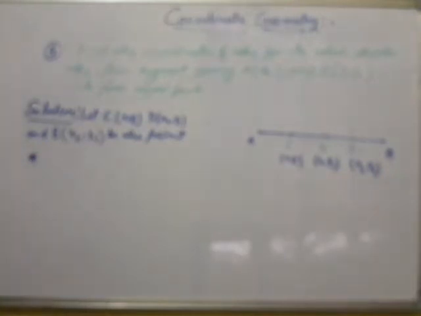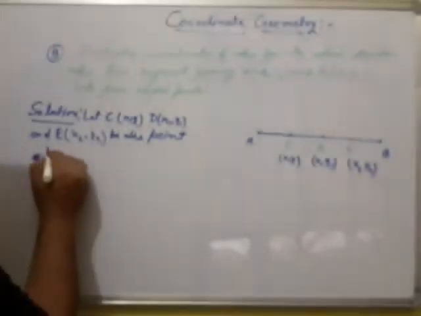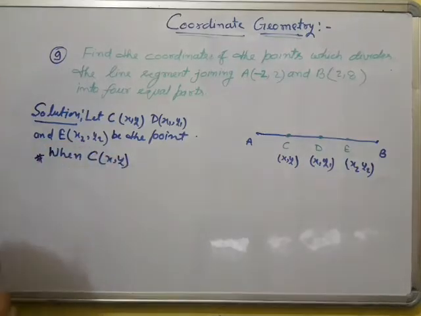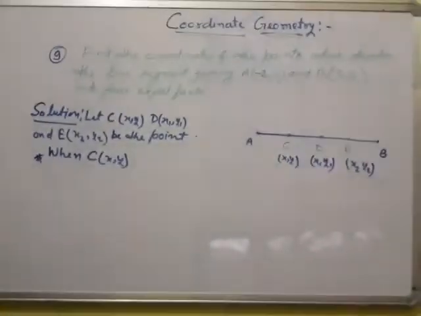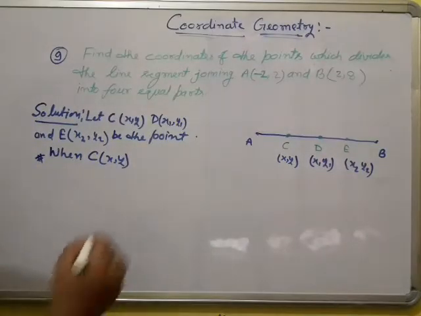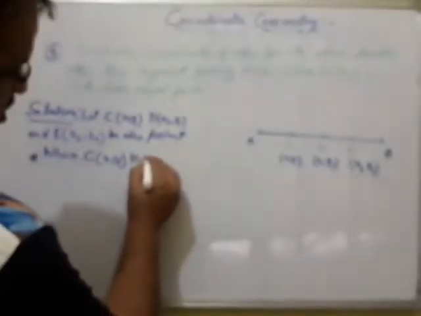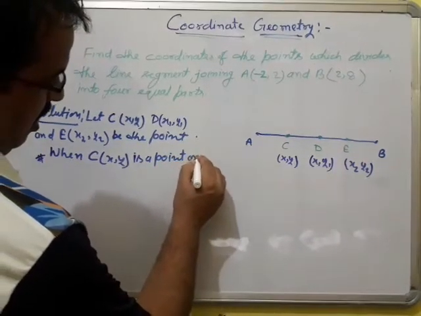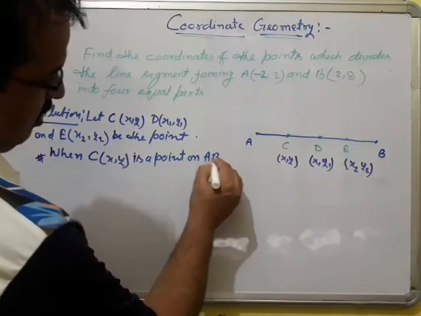In the first condition, C with coordinates x, y is a point on AB.